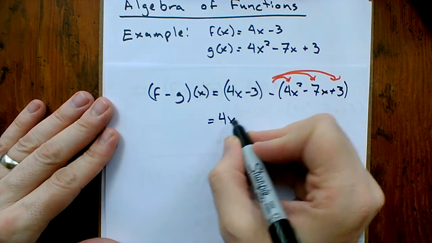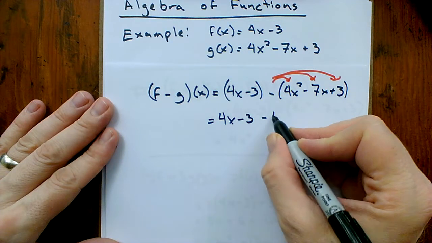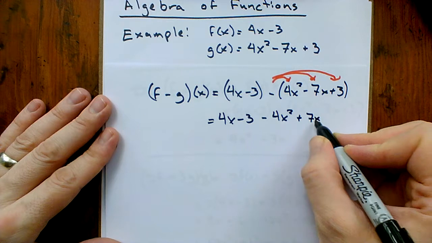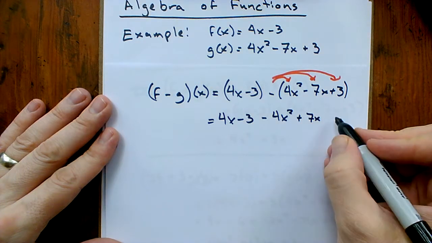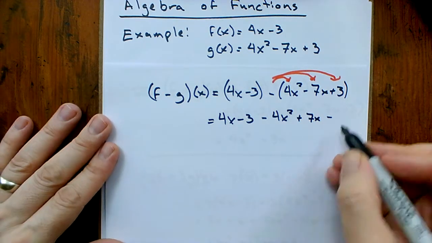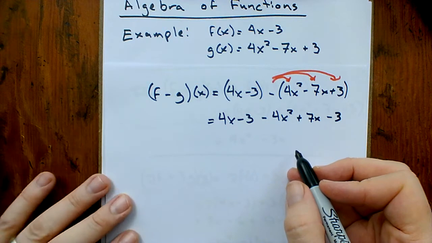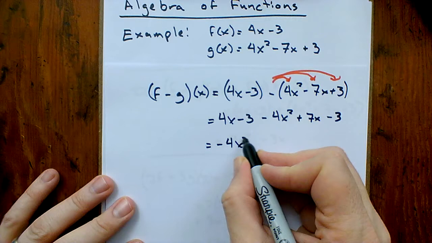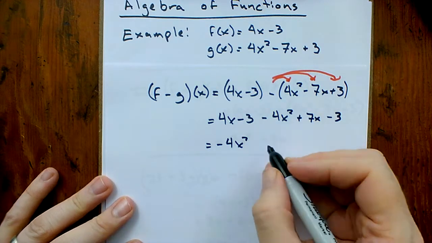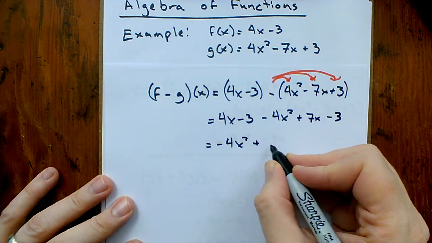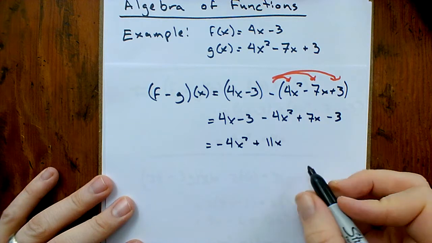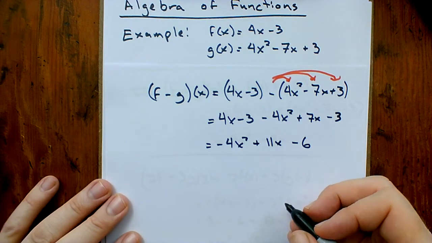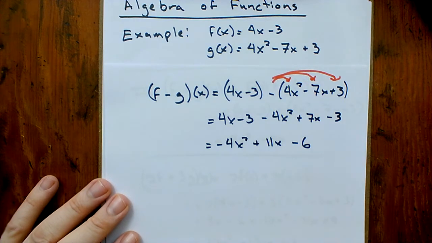So I'll have 4x minus 3 minus 4x squared, minus a minus is plus 7x, minus a plus is going to be minus 3. So now I've got a negative 4x squared. 4x plus 7x is going to be plus 11x, and then minus 3 would be minus 6. All right, that's pretty straightforward.